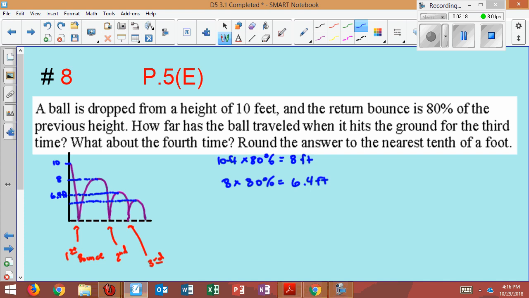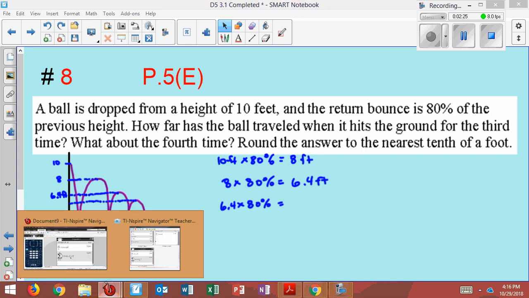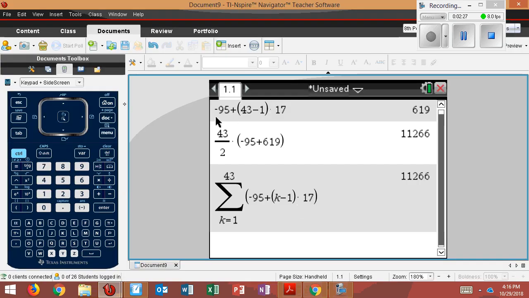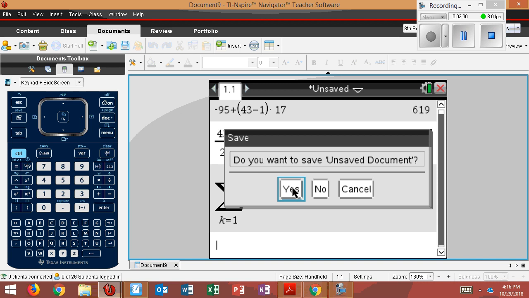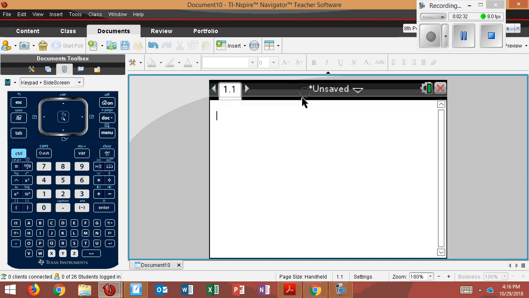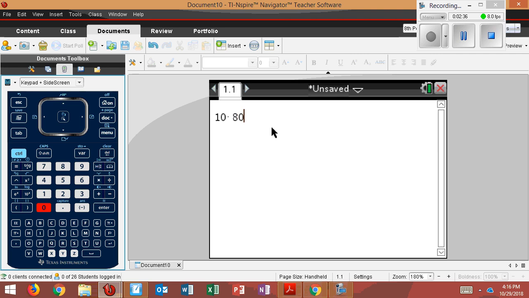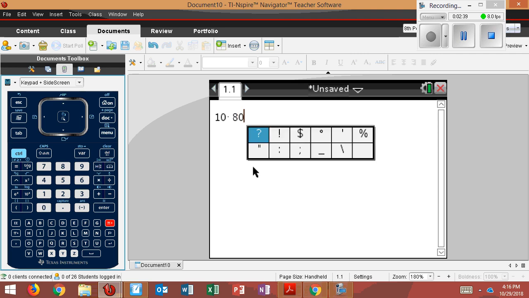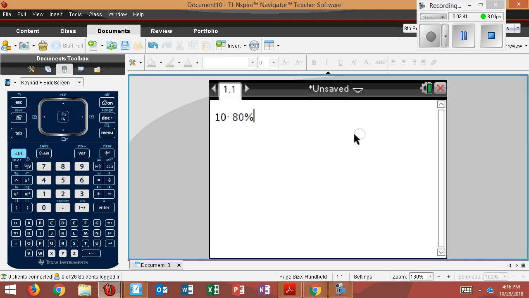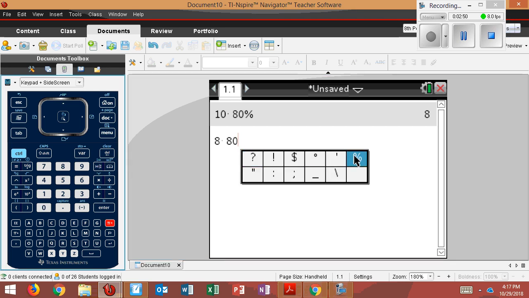So 6.4 times 80%. I'm going to go over the calculator and figure out what that value is. And I'll just prove to you on the other ones that I was accurate when I was saying. So it would be 10 times 80, and the percent button, remember, is down next to the G over here. 10 times 80% is 8 feet, and then we would say 8 times 80%, and this is the 6.4.